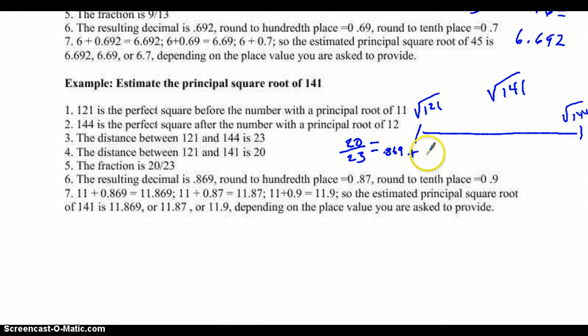We add that back to 11, because the root of 121 is 11, and the root of 144 is 12. So we add this back, and we will get something like 11.869, which means right here is probably where that's going to go.